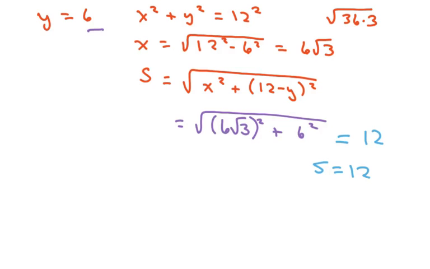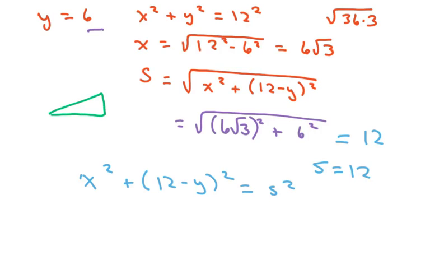Alright, now we also know that x squared plus 12 minus y squared equals s squared. And again, this is our Pythagorean theorem, and we're doing this smaller triangle that's at the top. This length here is 12 minus y, and this is our x, and our s is this part. I kind of drew it backwards, but anyway.